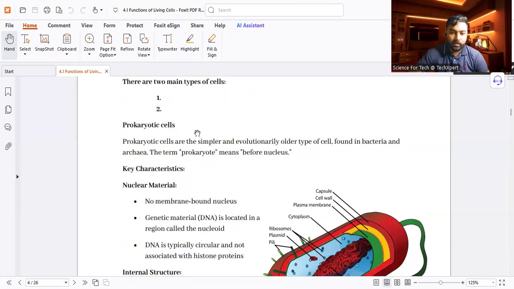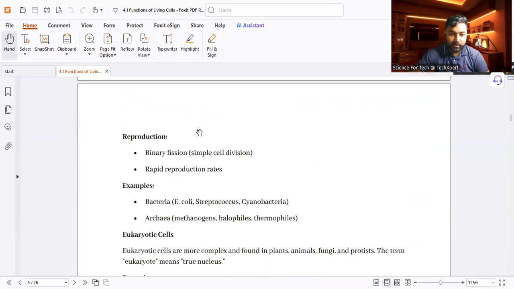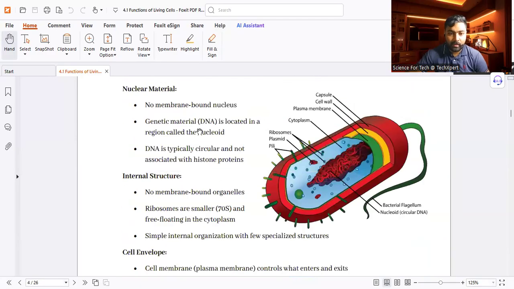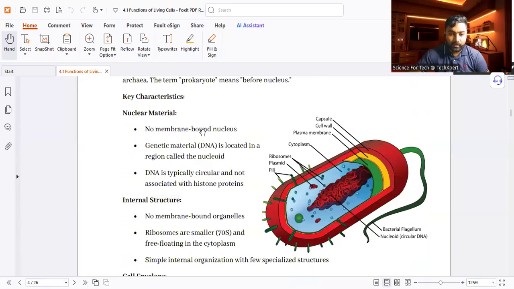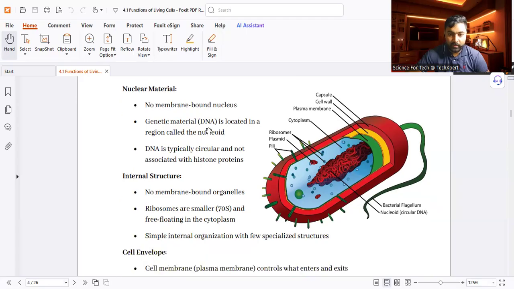When you move to the differences, there are no membrane-bound organelles or membrane-bound nucleus in prokaryotic cells, but in eukaryotic cells, you can see membrane-bound organelles. The only organelle in prokaryotic cells or bacterial cells is the ribosome, because the ribosome doesn't have a membrane.